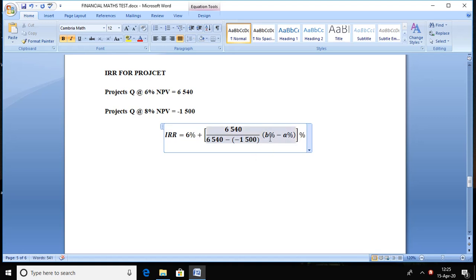Then there we are going to have our 8% minus 6%.